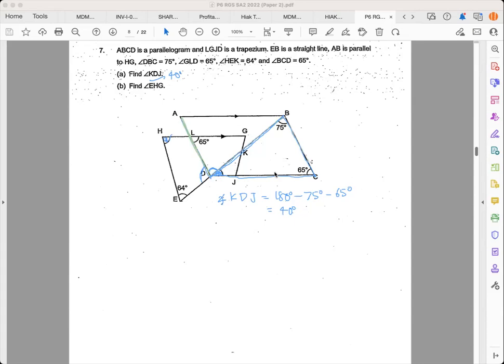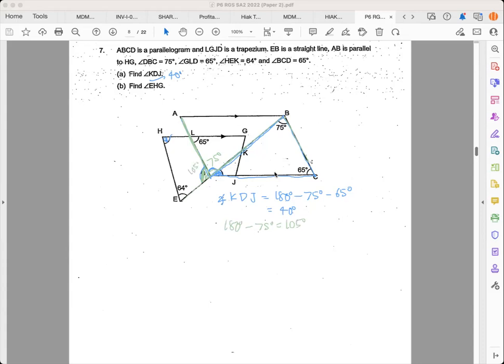This will be 75. So this and this is a straight line. So angles on a straight line, I can find this angle, which is 180 degrees minus 75 degrees. I get 105 degrees.